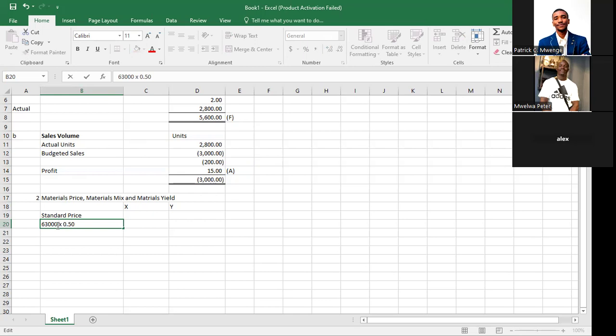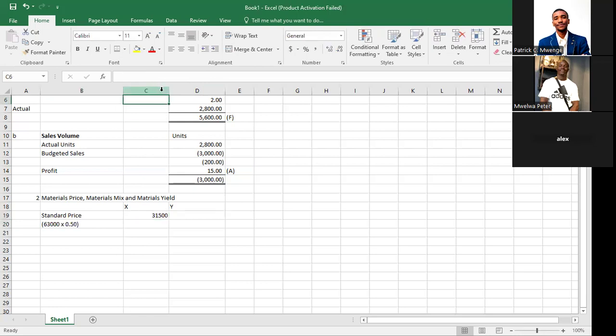But had we followed the budget, how much would we have spent? So we multiply the 63,000 by the budgeted, or rather the standard cost per unit, and that's how we find the total standard price. So we say 63,000 and then multiply it by 0.5, and it's going to give us the amount that we are looking for here.